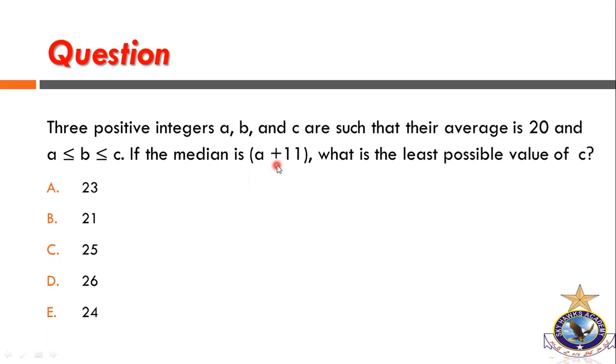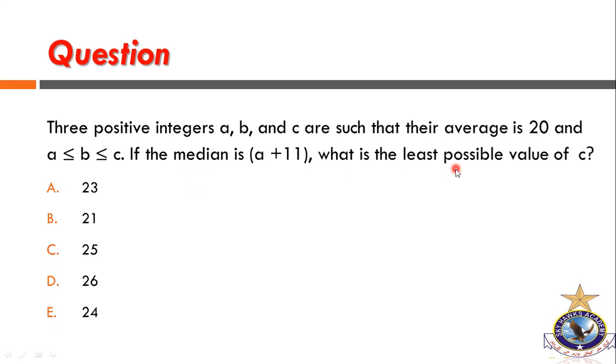The median is given as A plus 11, and the mean is a single value of 20. So if we can find A, we will get the value. What is the least possible value of C?